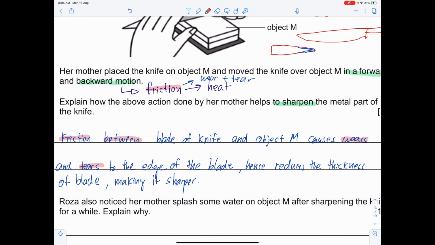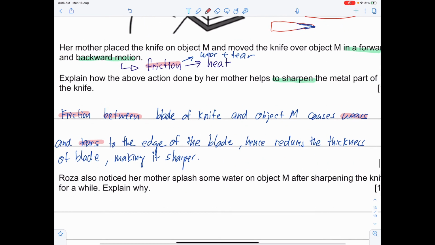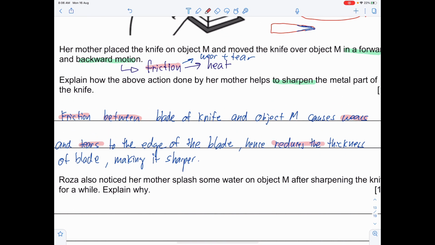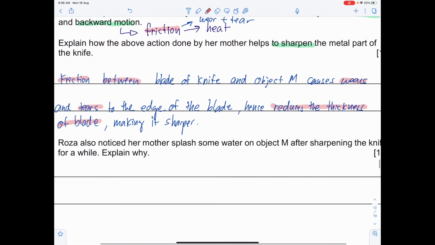I've emphasized this umpteen times, but yet this error is still very prevalent. It cannot and it must not be reflected in your prelims or your PSLE paper. I want 0 fundamental mistakes that should not be there. And then of course, because it reduces the thickness, it makes it sharper, like as explained earlier.